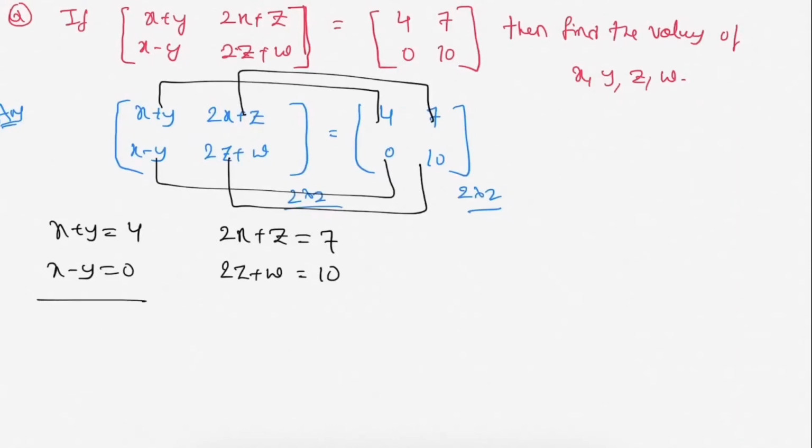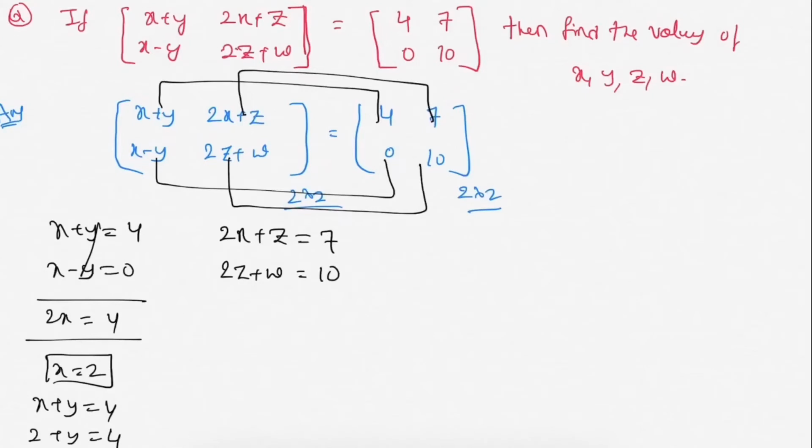Solving x plus y equal to 4 and x minus y equal to 0, we get 2x equal to 4, so x equal to 2. Putting it in x plus y equal to 4, 2 plus y equal to 4, so y equal to 2. Now 2x plus z equal to 7 with x equal to 2, z equal to 7 minus 4, so z equal to 3.